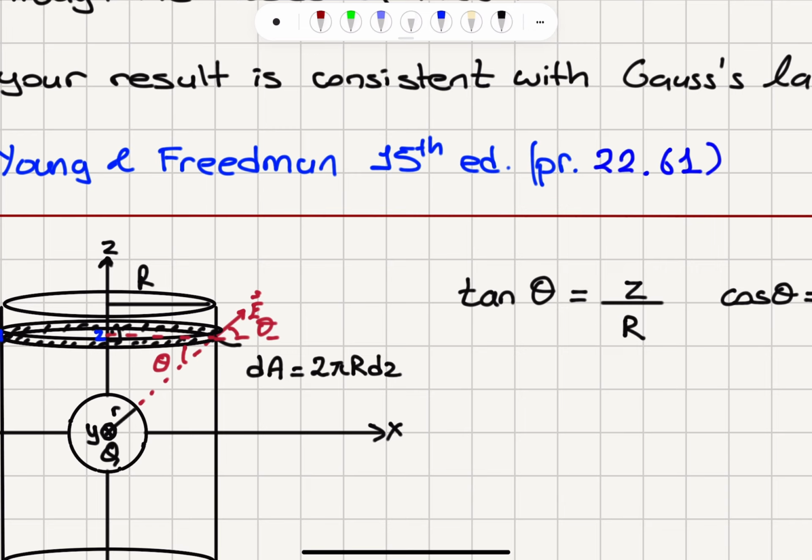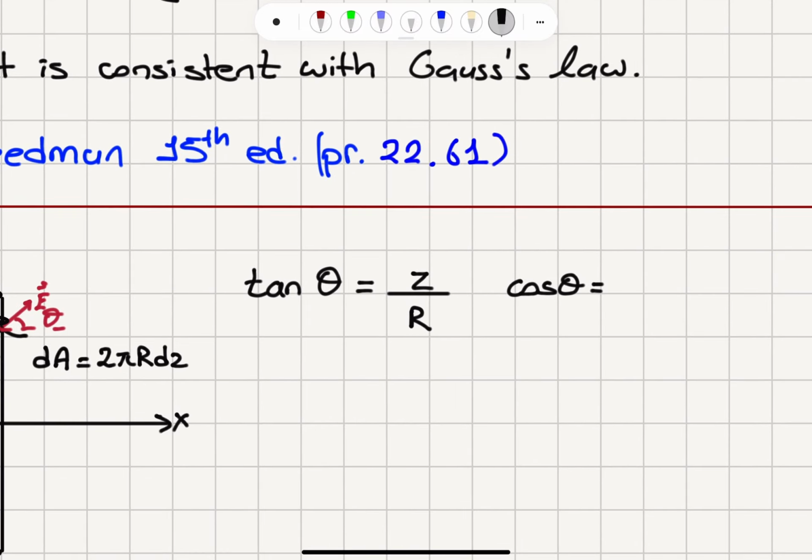So what is the hypotenuse here? If this is z, this is capital R, the hypotenuse will be square root of z squared plus capital R squared. So cosine theta will be equal to capital R divided by square root of z squared plus capital R squared.